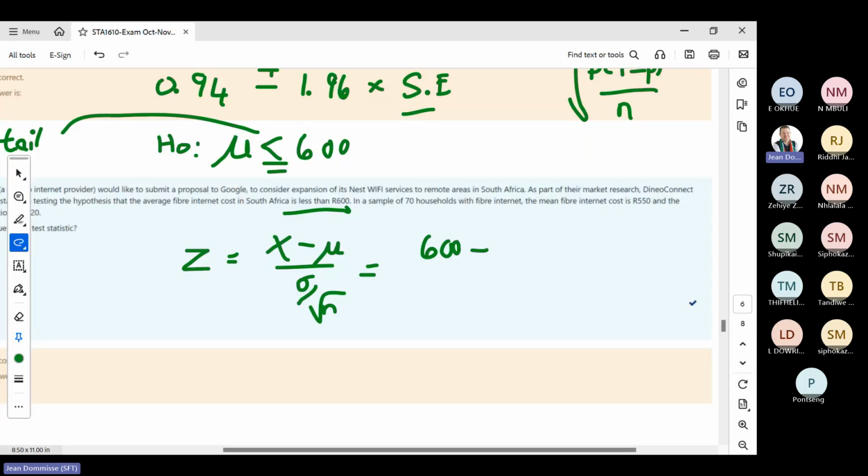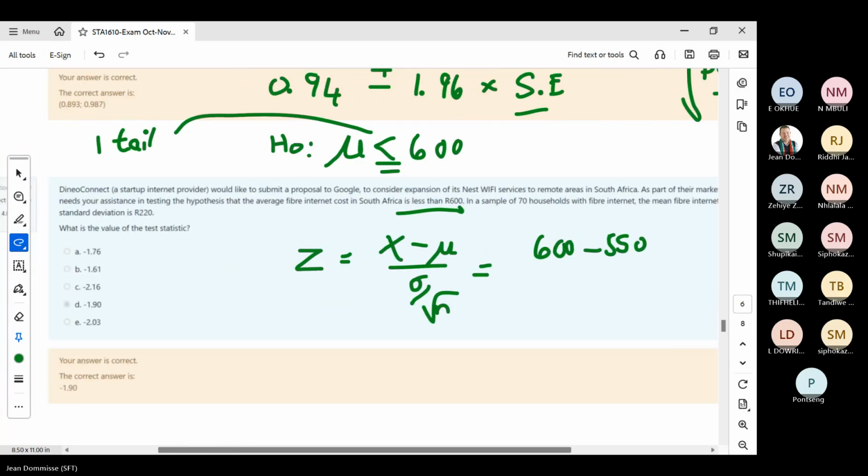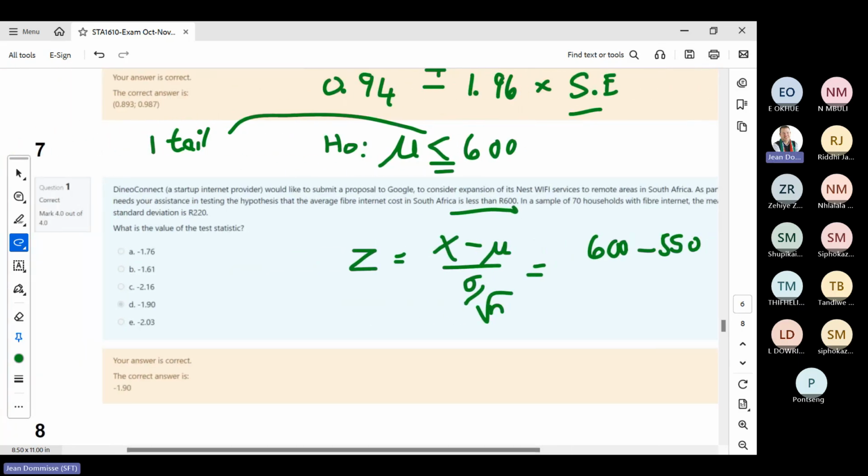The mean fiber internet cost is 550. Okay, so there I made a mistake. I'm already saying that, so this should be the other way around. Minus 600. Okay, so that helps you to write that out so that you can check it.